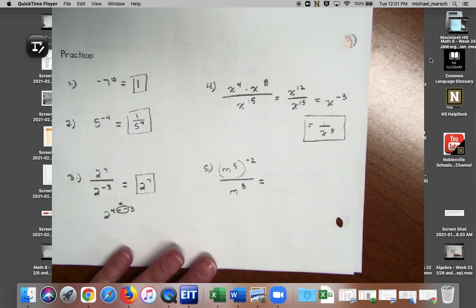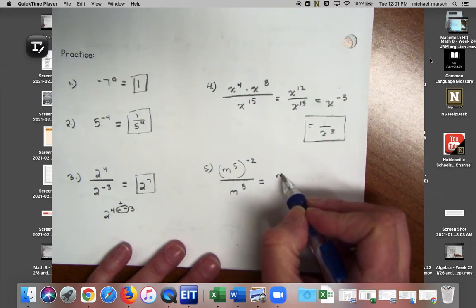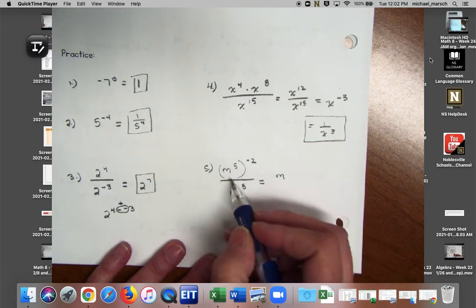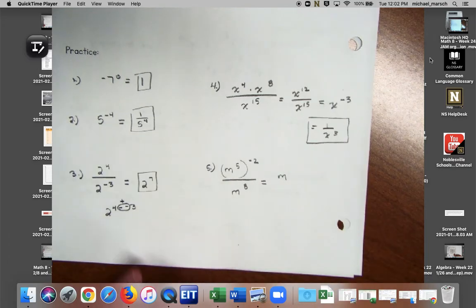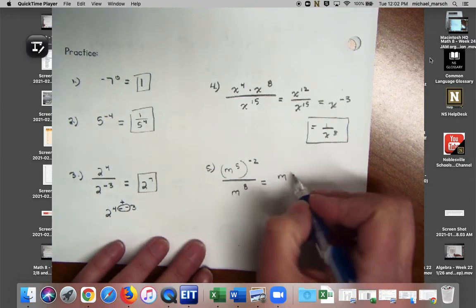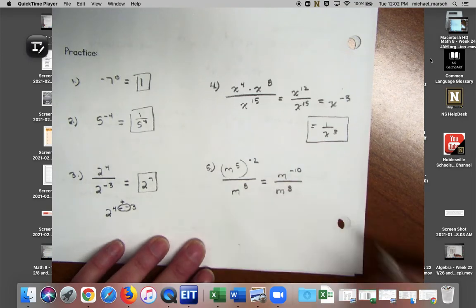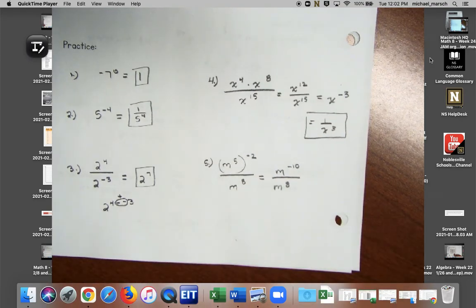Oh, me? Yep. I think you know. You should add the exponents. Or no. I'm going to multiply these, right, because it's power to a power, because that's like saying m to the 5th negative 2 times, which is weird. So we'll take care of that. And then I have m to the 8th.